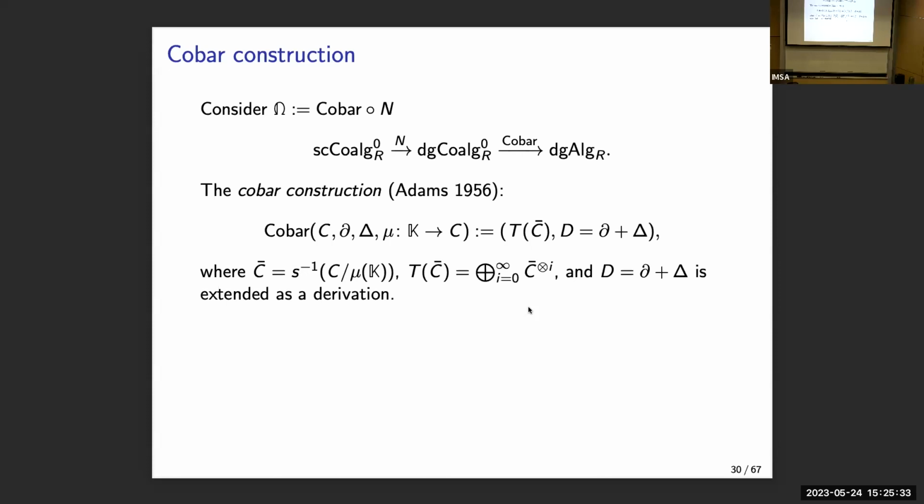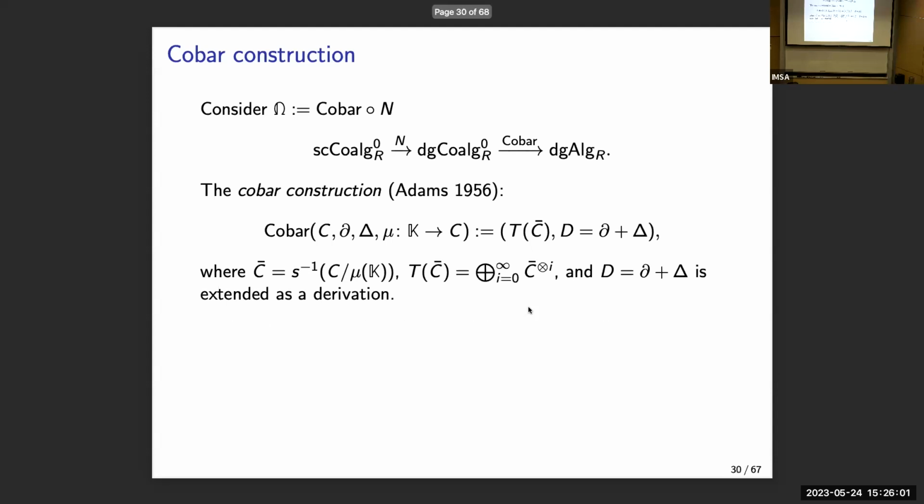This is a free algebra, so you can extend the map as a derivation. And the fact that this squares to 0 is equivalent to the underlying differential squaring to 0, the coproduct being co-associative, and the differential and coproduct being compatible. In a differential graded coalgebra, the coproduct is a co-derivation of the differential.